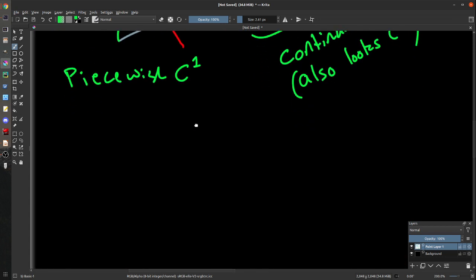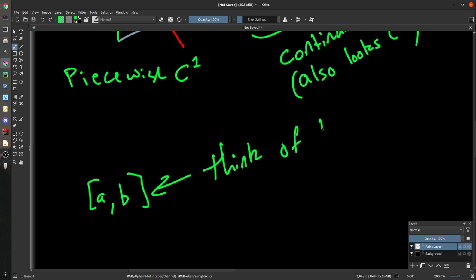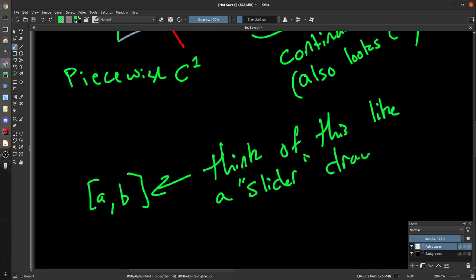All you have to think about with the interval [a, b] is to think of it like a slider drawing your curve.